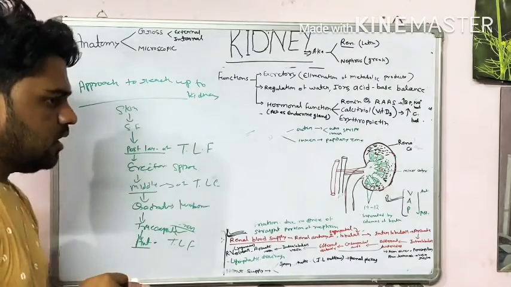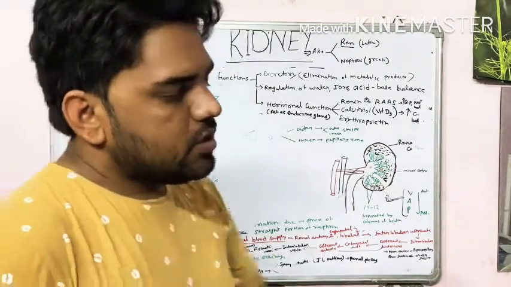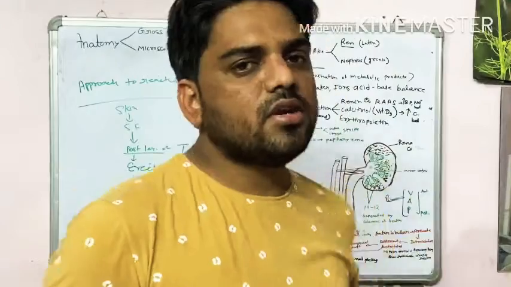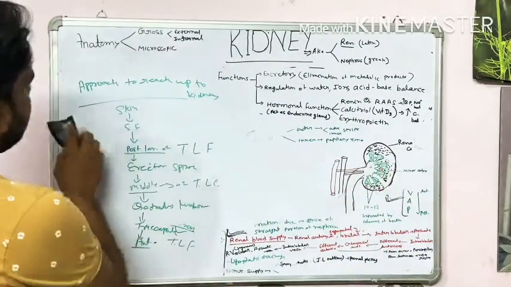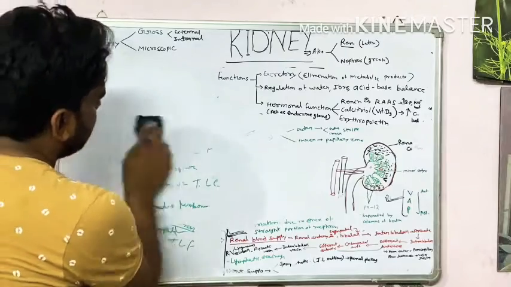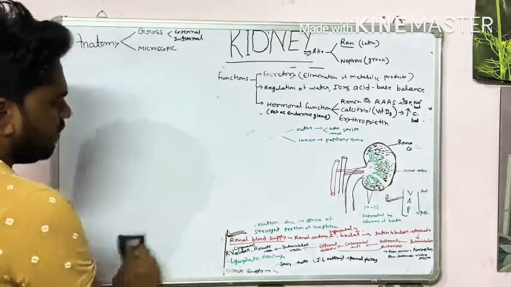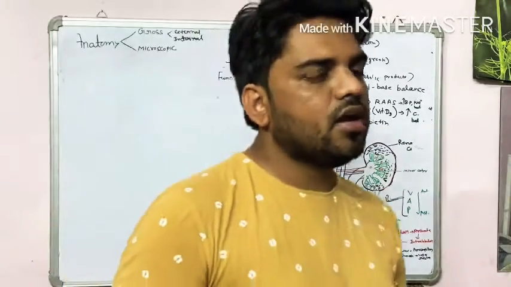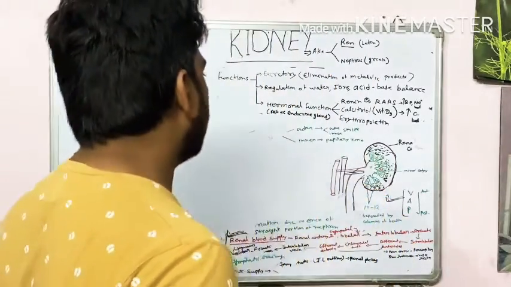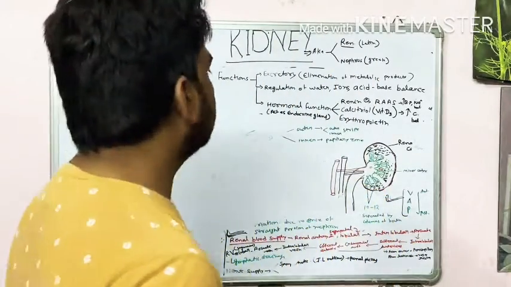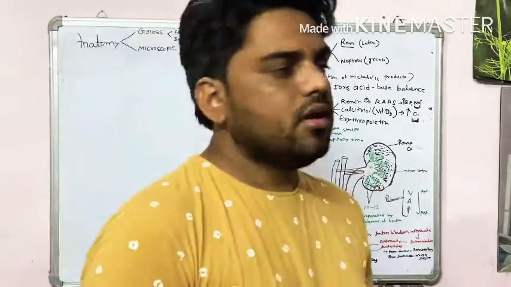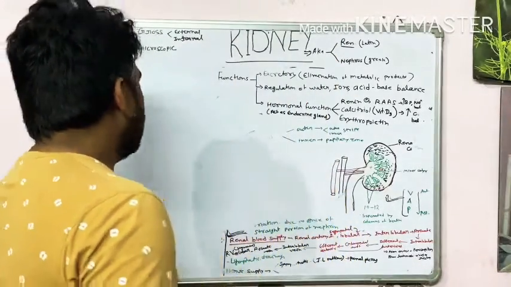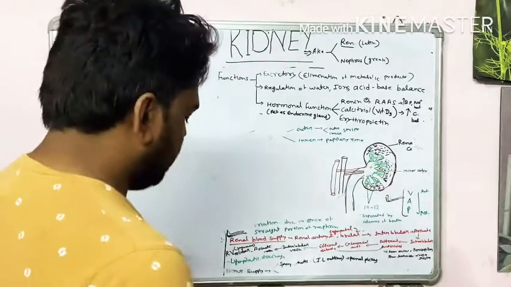One more thing is transplantation of kidney. If somebody has chronic renal disease, at the end stage of renal disease, that patient needs a kidney transplant.